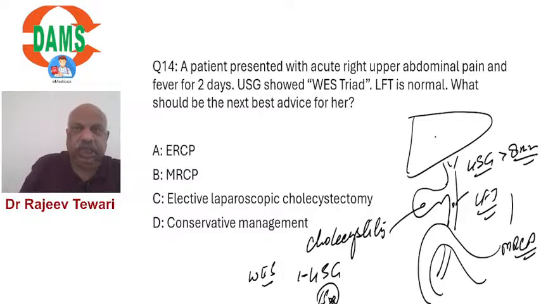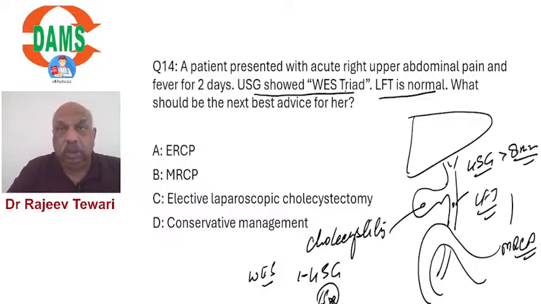So you can see LFT is normal, ultrasound only showing the triad, not showing dilated CBD. So the answer is only elective laparoscopic cholecystectomy. If in this question the CBD was dilated more than 8 millimeter or LFT showing obstructive jaundice or alkaline phosphatase high, then we would have ordered MRCP.